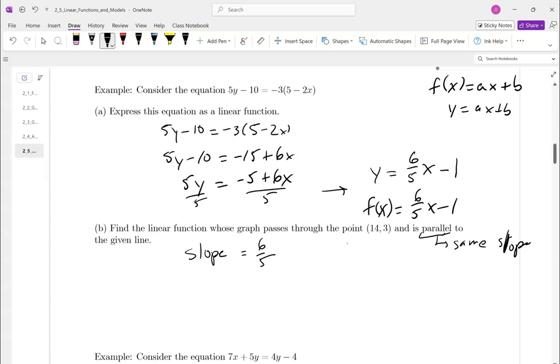The other piece of information that we need is a point always. Now I could put it into the function and solve, and that's a perfectly good way to do that. But just to remind you, there is also something referred to as the point slope form of a line.